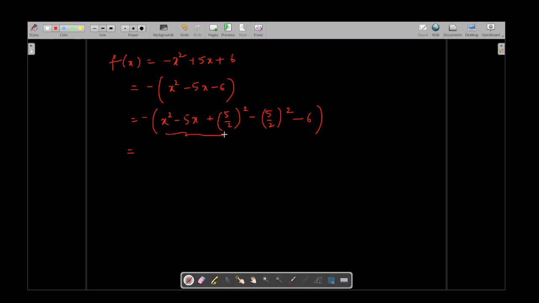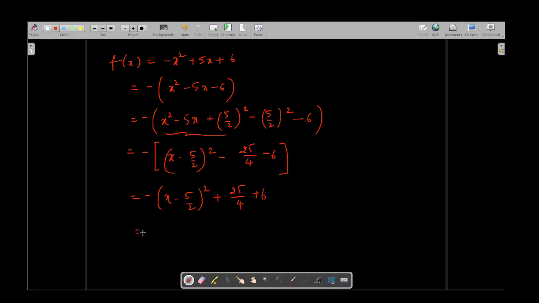So from these three terms I can write x minus 5 by 2 whole square. This is a minus b whole square, minus 25 by 4 minus 6. So I'll take the negative inside: minus of x minus 5 by 2 whole square, minus into minus is plus 25 by 4 plus 6.